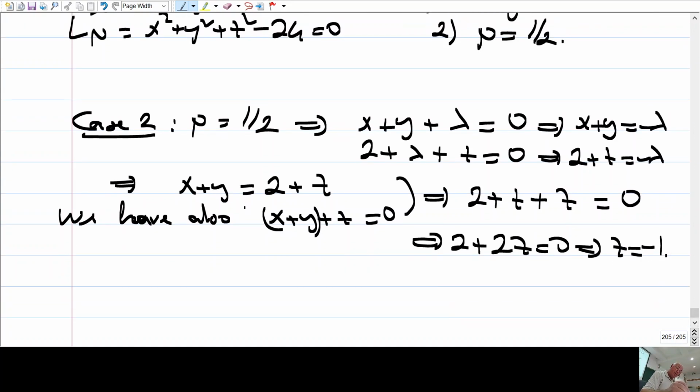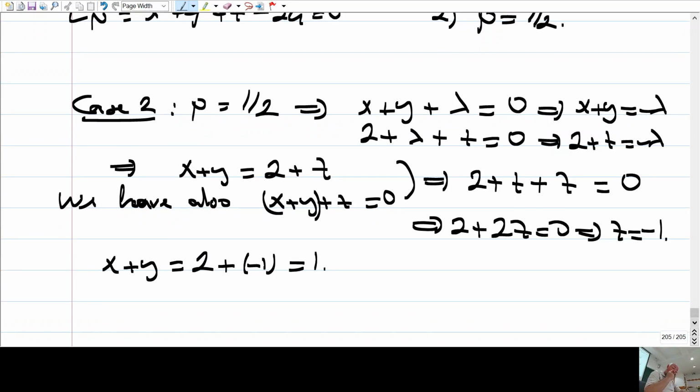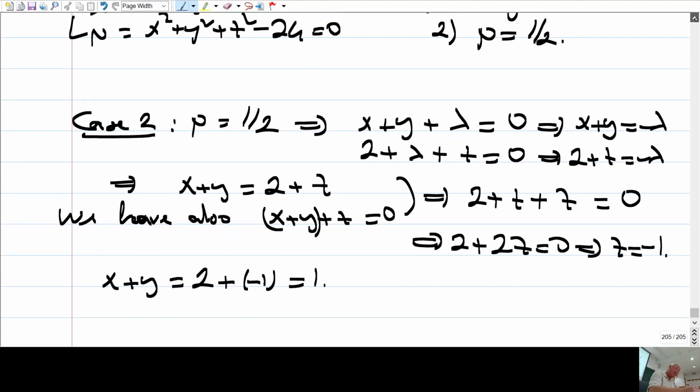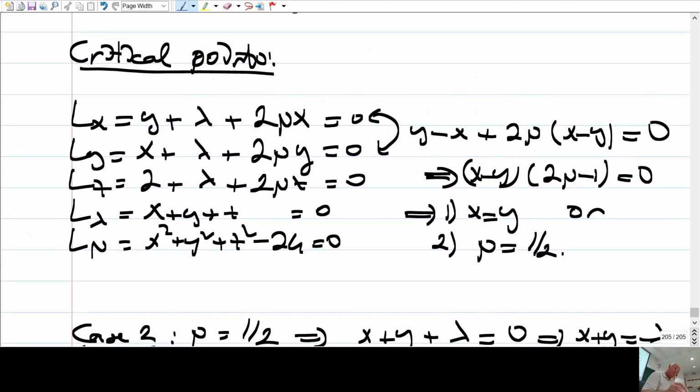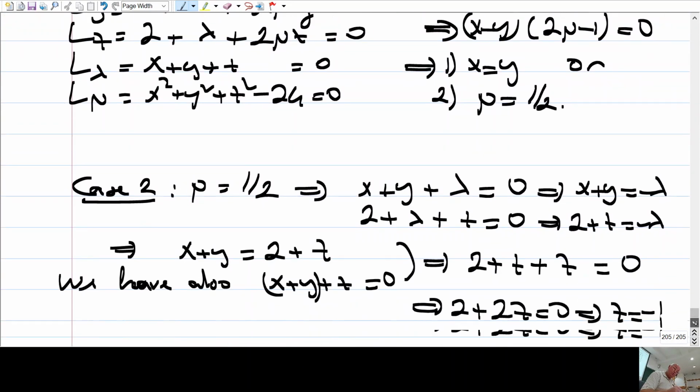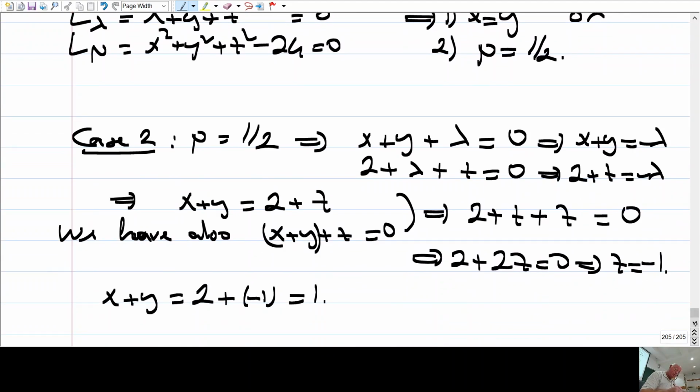If z is minus 1, then x plus y is equal to 1. Okay. And what else? All right. If x plus y is equal to 1, let's use the last equation also.